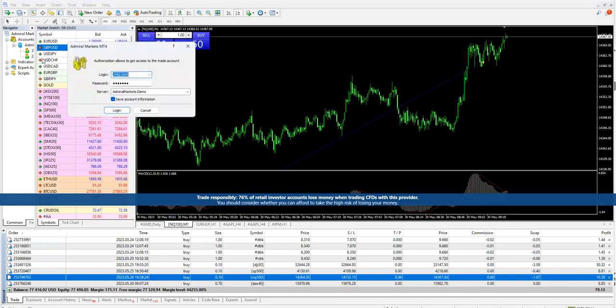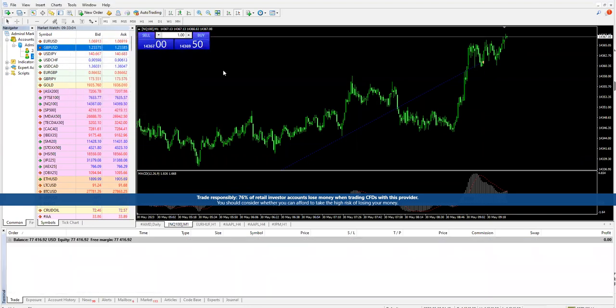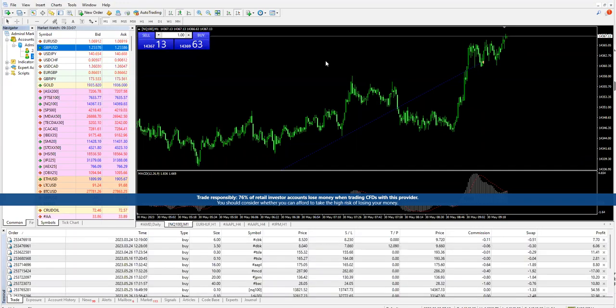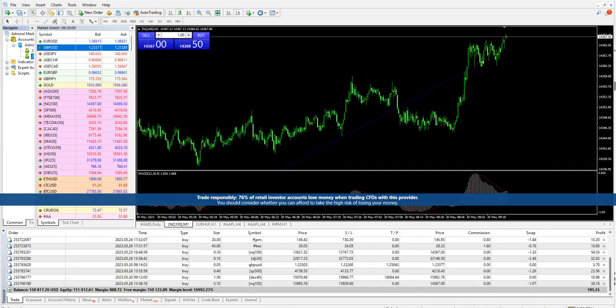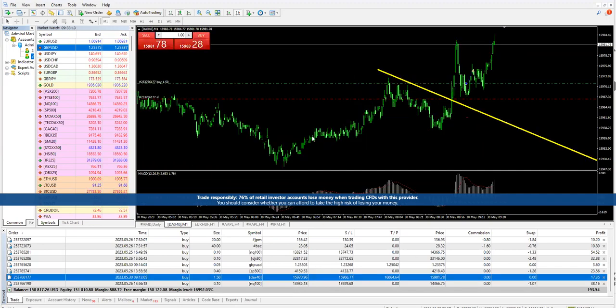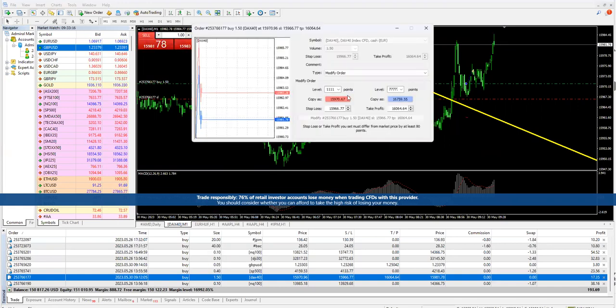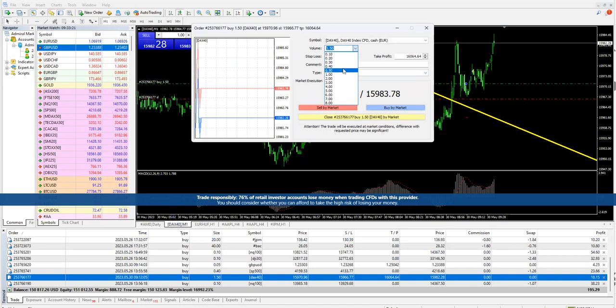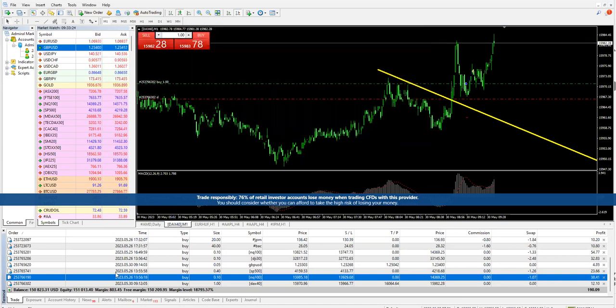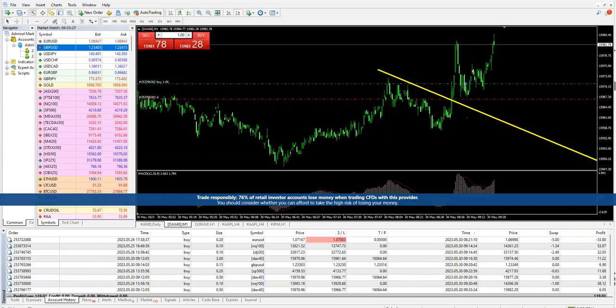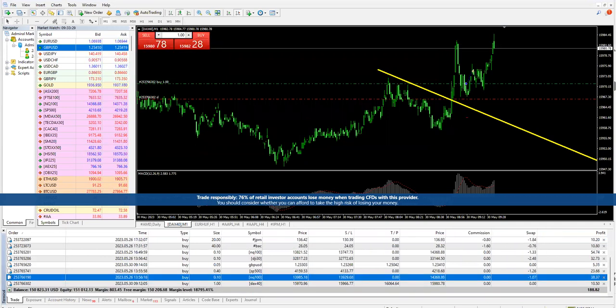Let's go to the other account. What happened there? I don't remember. It's not easy to trade if you are tired. So we have DAX. Let's close partially another 0.50. Around $119 we have here.